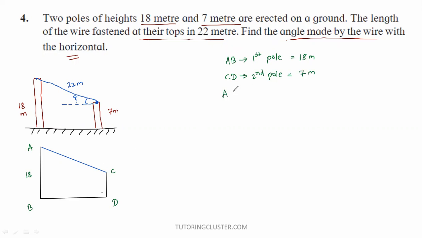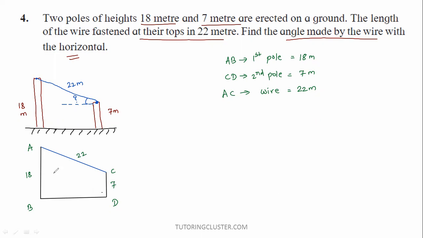Now AC, what does it represent? It represents a wire whose length is 22 meter. So this height is 7 and this is 22. What we have to find out is the angle made by AC with horizontal. So again, what you can do?